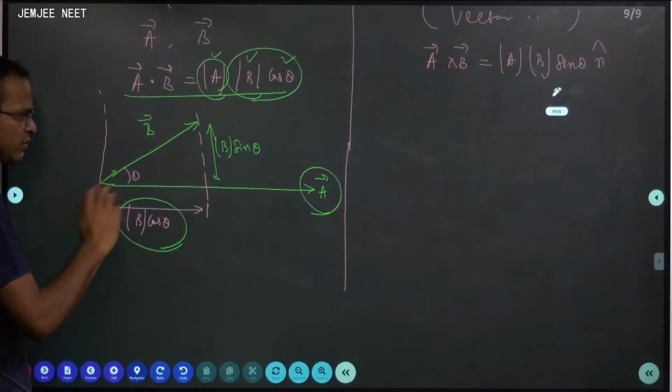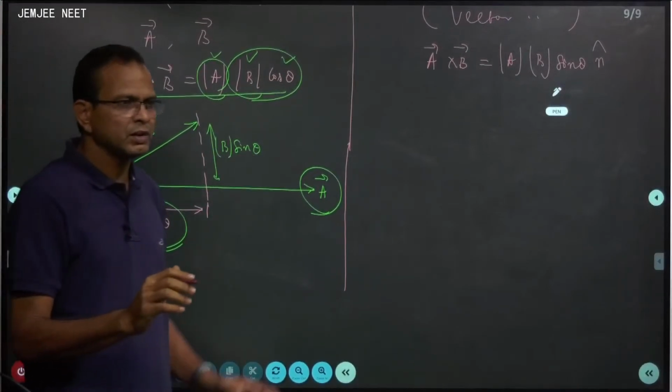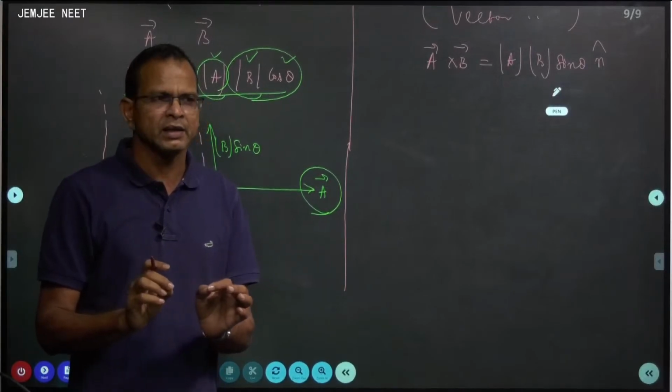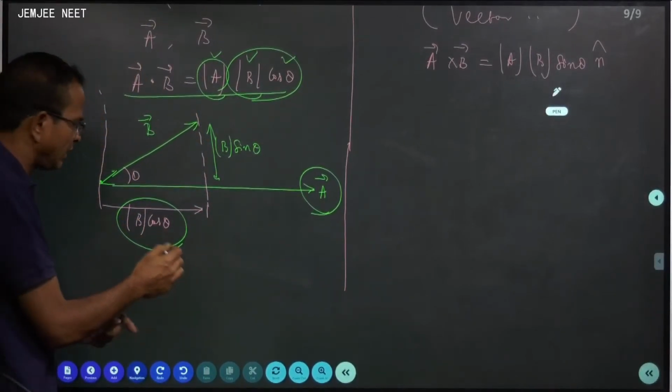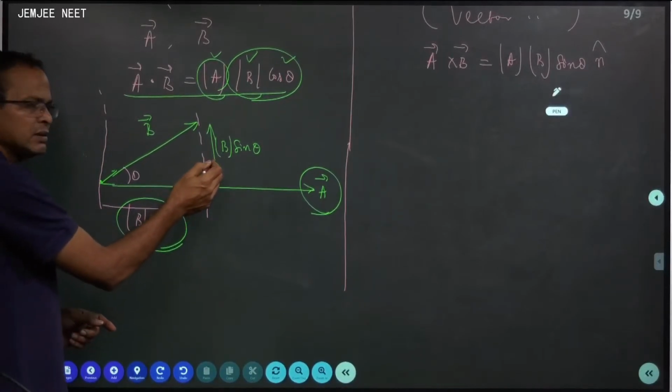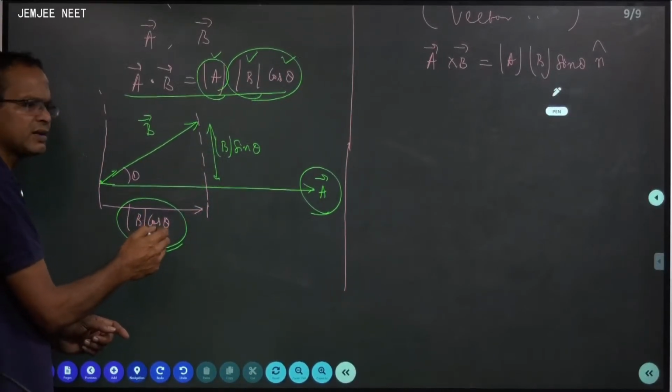So A dot B is the product of the magnitude of A with the component of B in the direction of A. Who is this? Component. In which direction is this component?